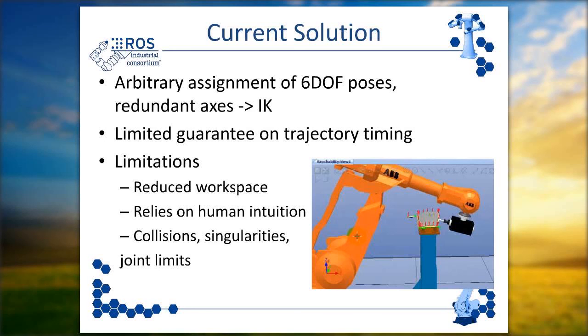And when that human intuition fails, you end up with collisions in the workspace. You end up with robots approaching singularities and running into joint limits for these really complex Cartesian paths that we're trying to solve. Next.